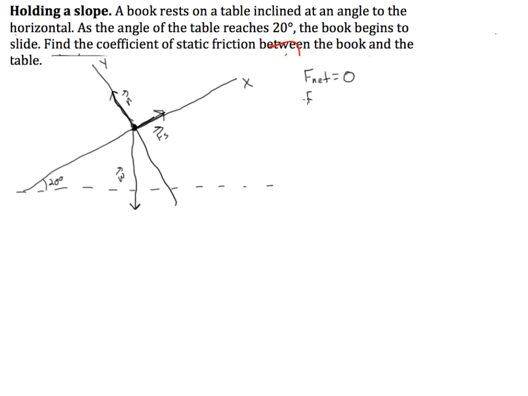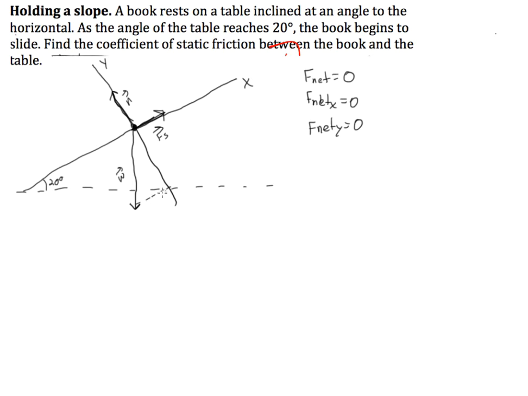So if F net equals 0, then F net in the x direction must equal 0, and F net in the y direction must also equal 0. So we've started to talk about the x and y components of the weight force. So let's find those and we can proceed with that knowledge.